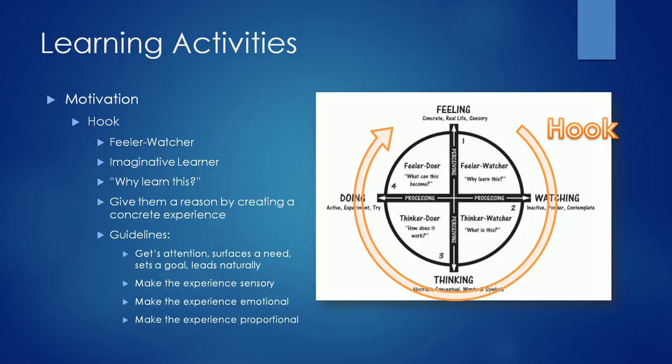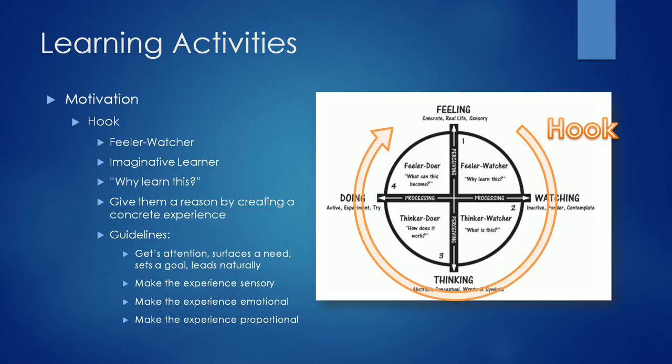And then also make it proportional, and by that, and this is again from that Unforgettable article, make sure that the size and scope and weight of that emotional experience, of that hook, that concrete sensory experience, doesn't overshadow what it is you're trying to teach. It needs to be in balance with what it is you're trying to teach.